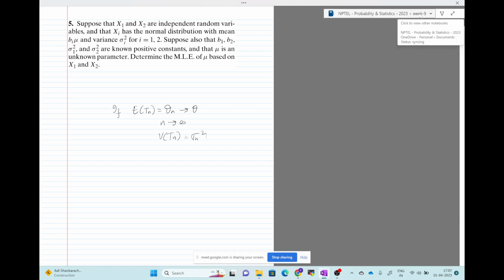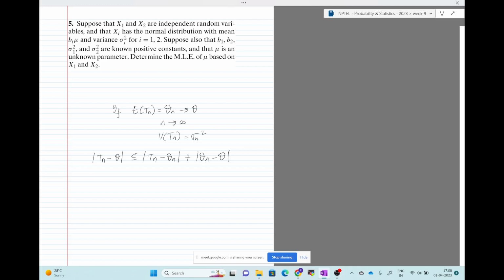Sir proved this, using the probability term: mod of Tn minus theta n greater than eta minus mod of theta n minus theta. Okay, you mean like this. Yes.